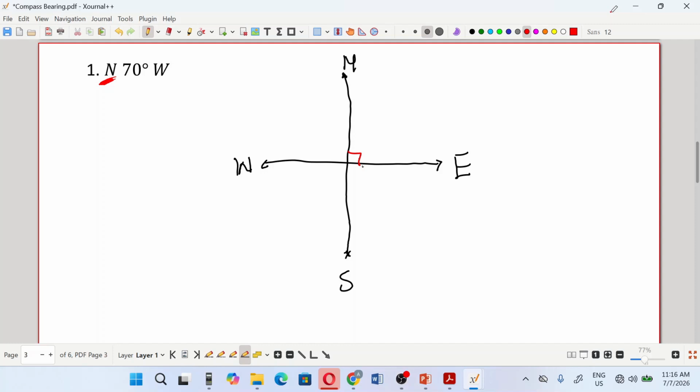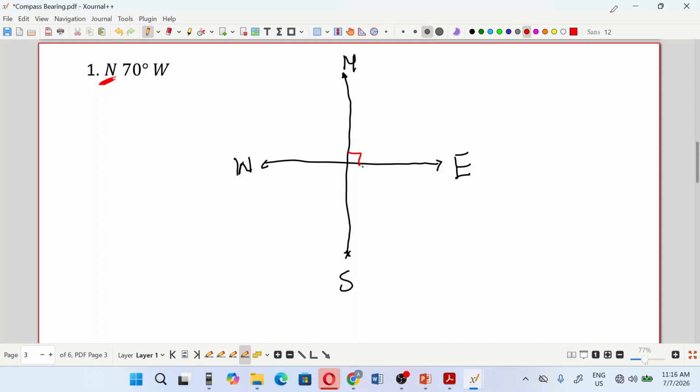The 70 degrees tells you how much to turn. And then the west tells you where to turn to. So I'm at north and I need to turn to the west. Supposing it was E, I would have turned to the east, right? So I'm at north and I'm turning to the west 70 degrees.